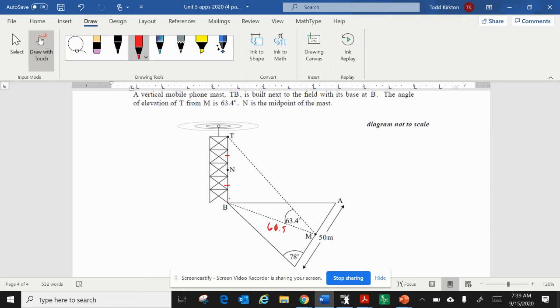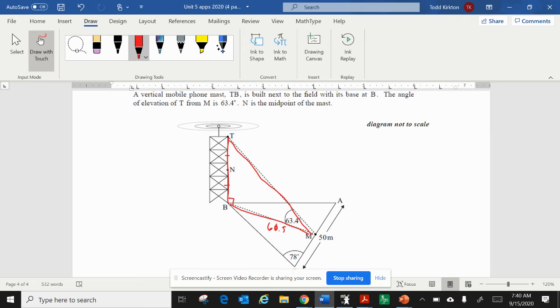And I have a right triangle that's an angle of elevation kind of triangle popping up off the ground. And then I have my triangle that's on the ground. And so the question here says, calculate the angle of elevation from N to M. I have to do that in a couple different ways, so I have to break this thing down into parts.